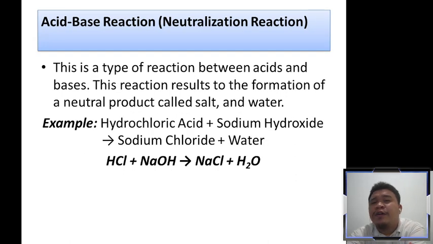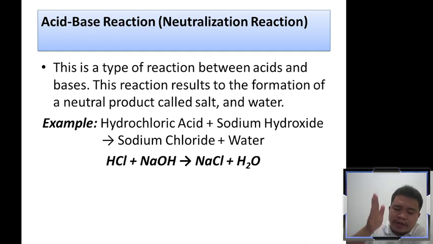And the last reaction that I will be talking about is the neutralization reaction, or what you call the acid-base reaction. This type of reaction is between acids and bases, and it results in the formation of neutral products, which we call salt and water. So when an acid and a base combine, it always yields a salt and water.